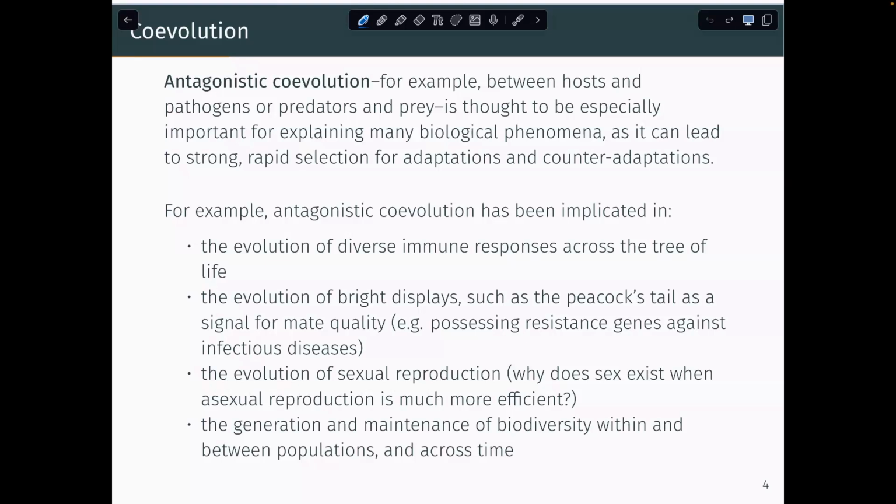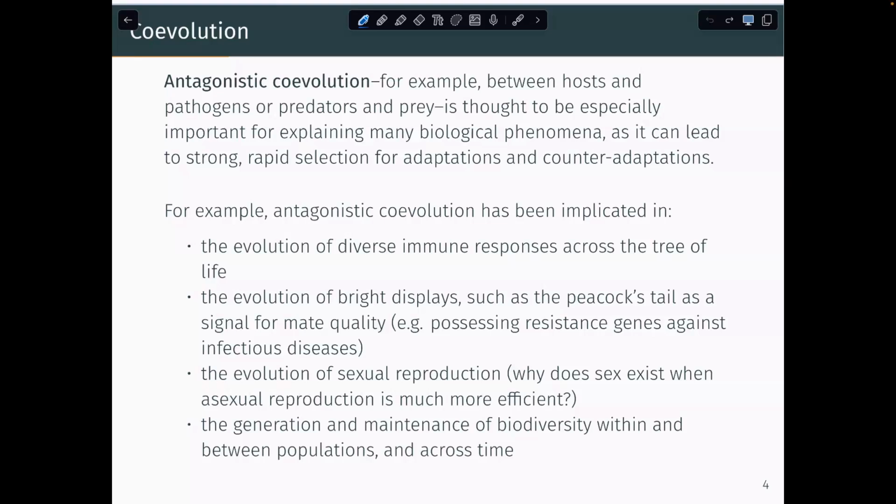So one of these is the evolution of diverse immune responses. We've been talking about the evolution of host immunity in the last lecture. We have innate and adaptive immune responses. There's a wide range of different immune responses, even in microbial populations. So you can experimentally evolve and co-evolve, say, bacteria and their viruses in the lab, and you can see that they end up with different immune responses depending on different conditions.